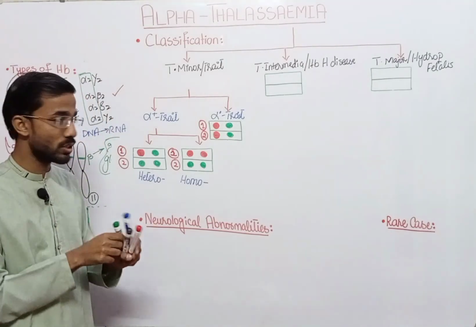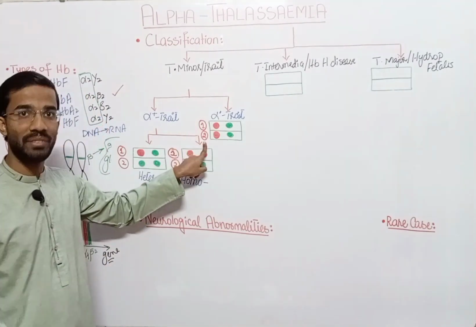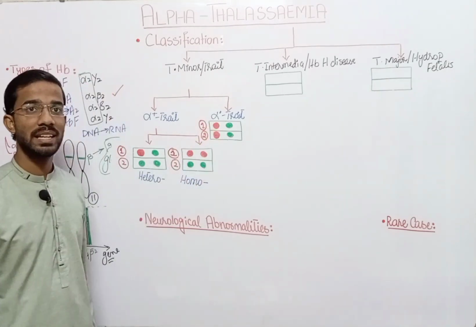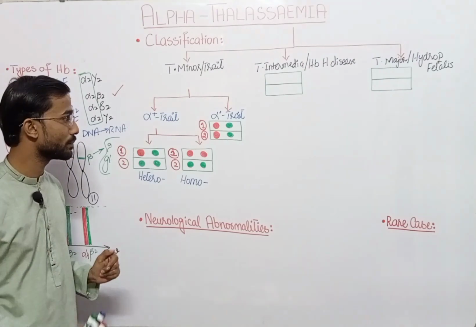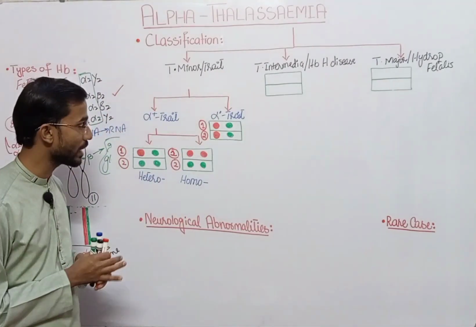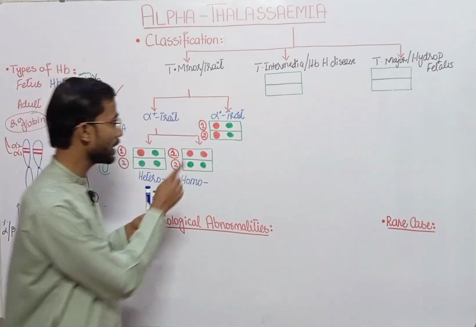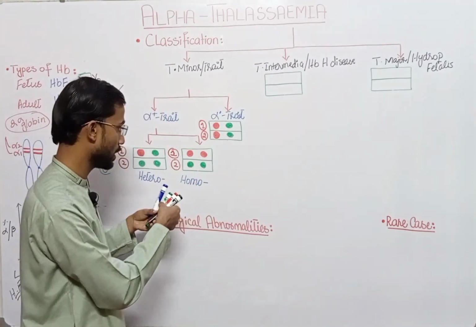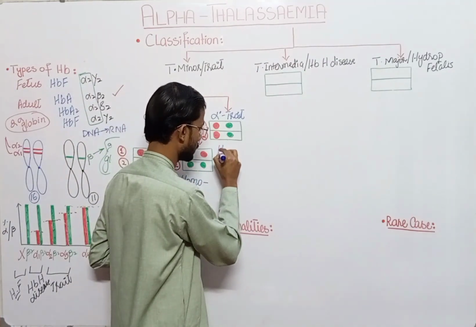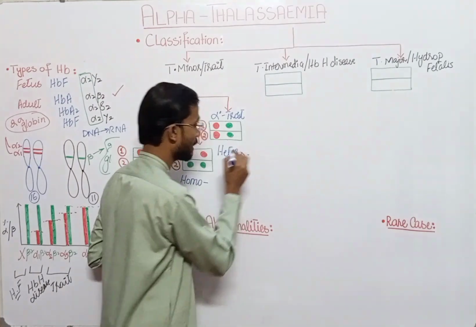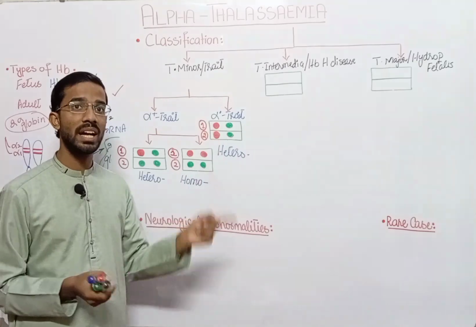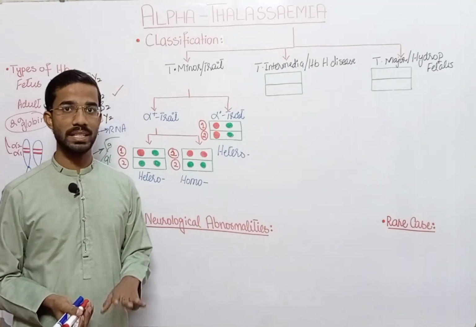So in this case, both the genes are defective because in both the genes one allele is defective. So in this case, we call this alpha not trait. And this is actually the heterozygous condition, because in this case both the alleles are different. One is normal and one is abnormal.